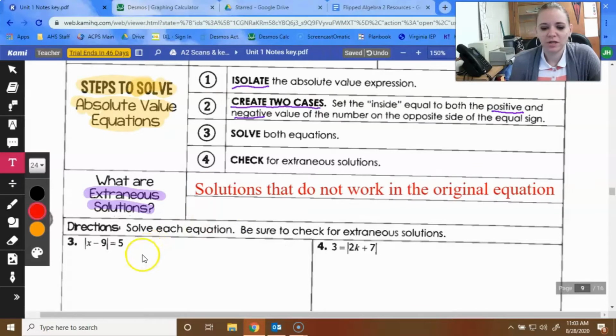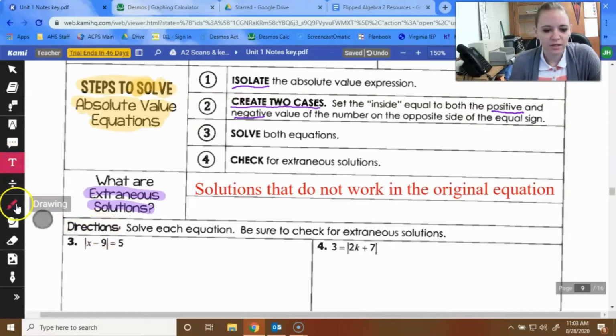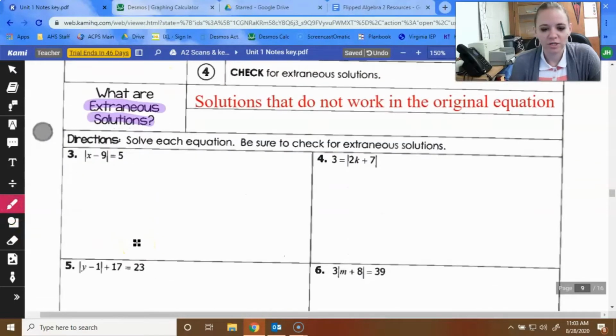They typically do not come out when we're solving the original equation, but they're still solutions. So this is going to be a new concept, most likely for most of you in this class. This doesn't happen too often, but it does happen. So, solve each equation. Be sure to check for extraneous solutions.